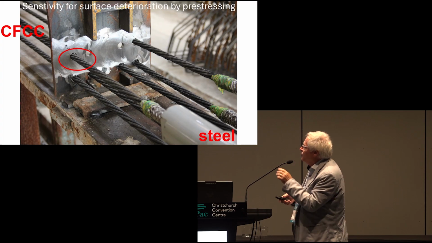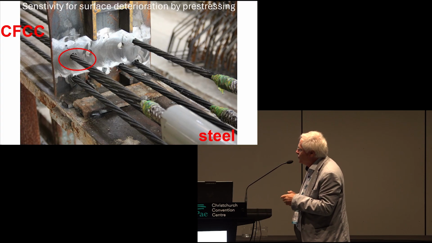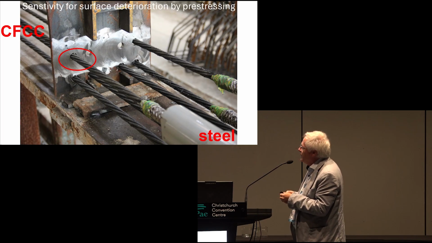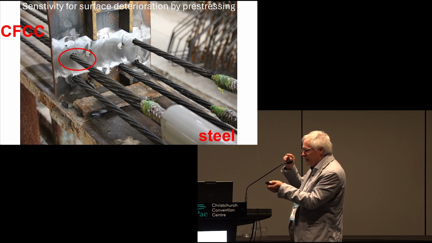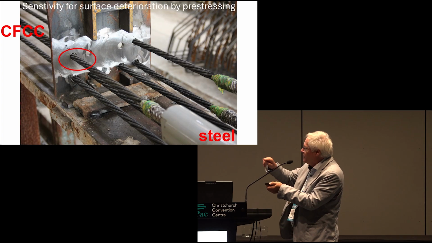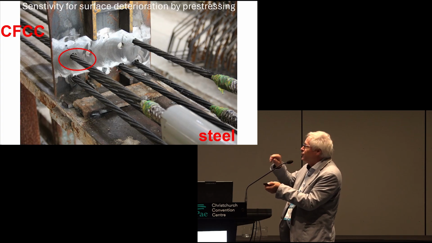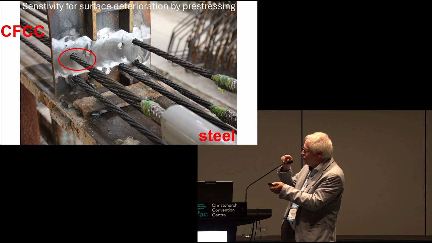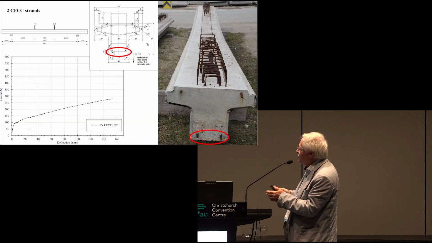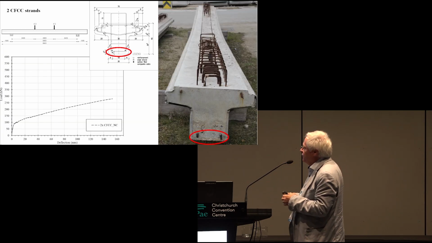So this is a real problem that you can produce difficulties if you don't take care enough. So the pre-stressing strand of FRP must be able to run without any problem in longitudinal direction. So this is just a practical question.